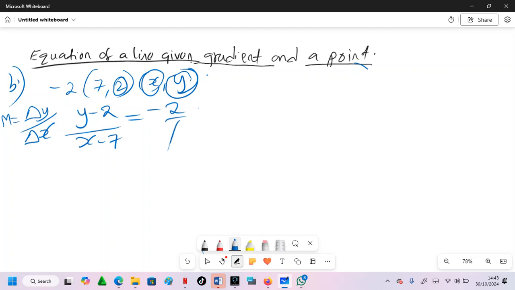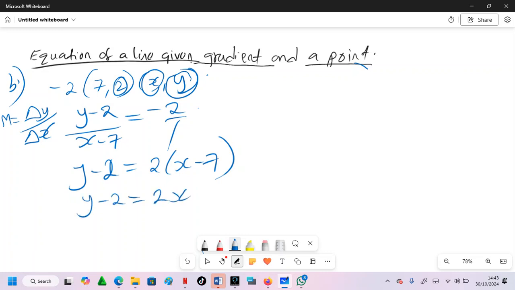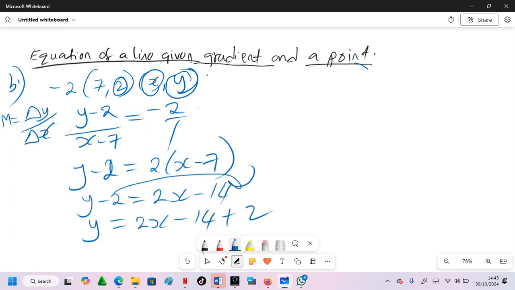So that y minus 2 is equal to 2 times (x minus 7), so that y minus 2 is 2x minus 14. Therefore y is 2x minus 12.